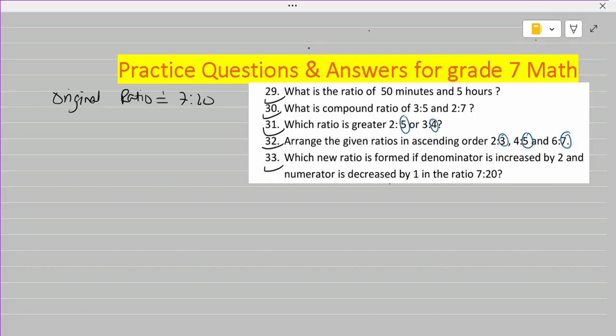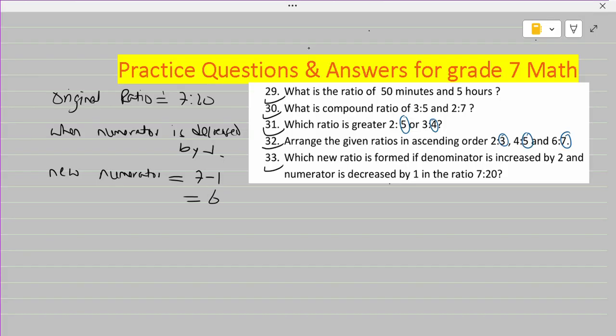So let's do the numerator first. When the numerator is decreased by 1, the new numerator: the numerator was 7 in the original ratio and 1 is decreased, so it is 6. So the new numerator is 6, and in the denominator there is an increase of 2.